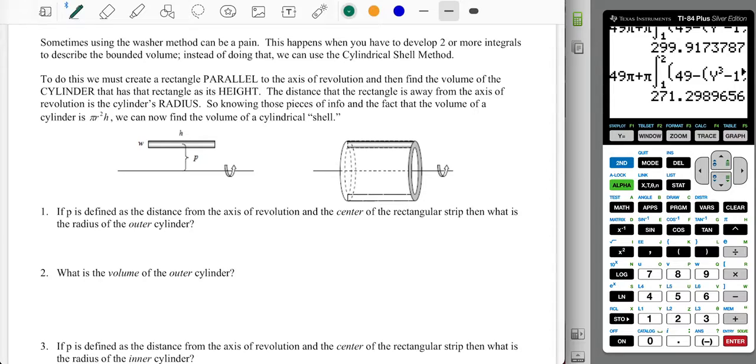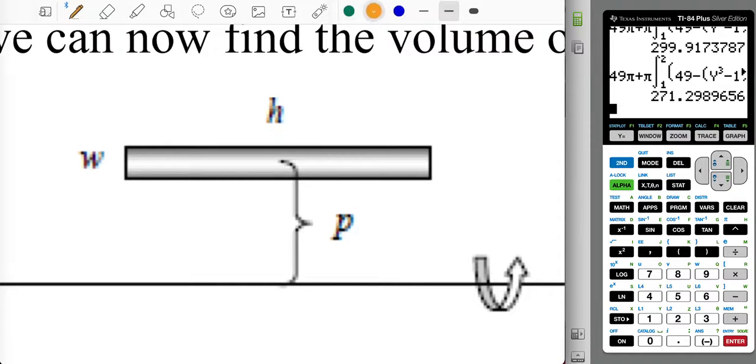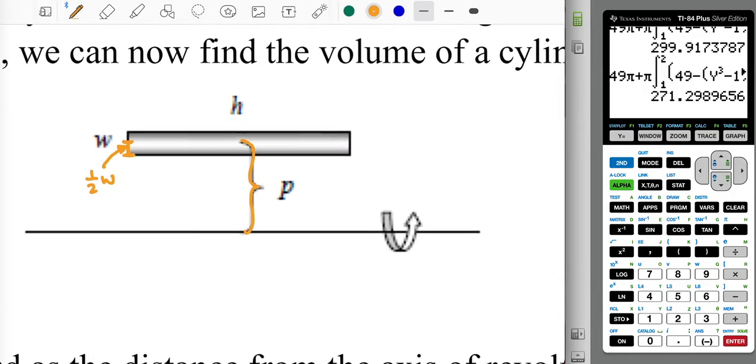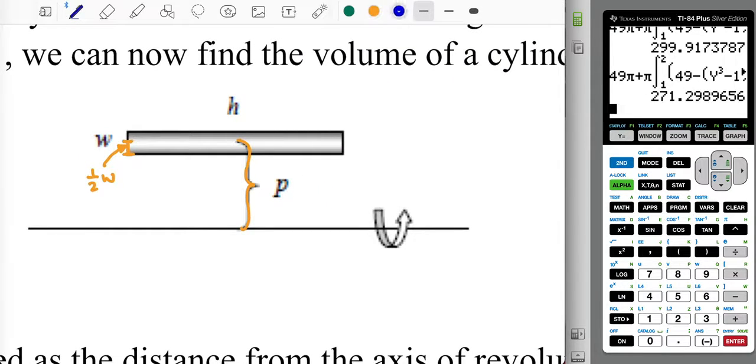If P is defined as the distance from the axis of revolution to the center of the rectangular strip, then what is the radius of the outer cylinder? If it's going to the center of that rectangle, directly smack dab in the middle, and that rectangle has a width of W, then it's going to have a half width, if you will, of 1/2 W on either side of the midline.